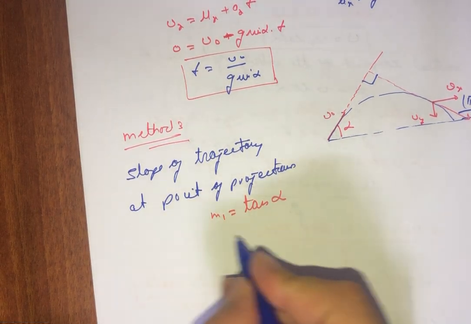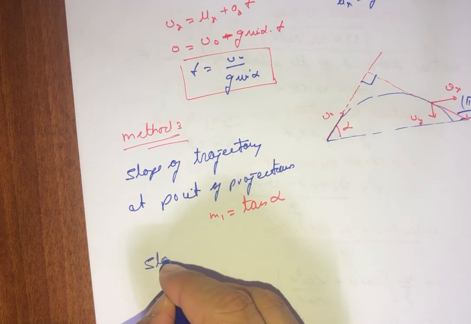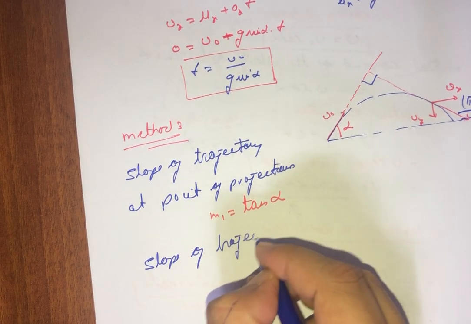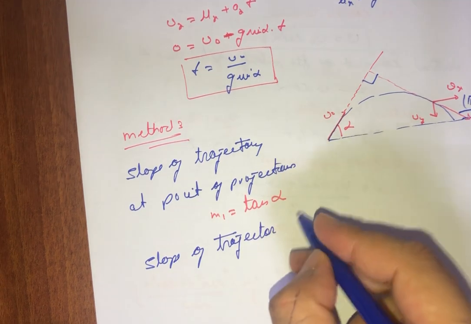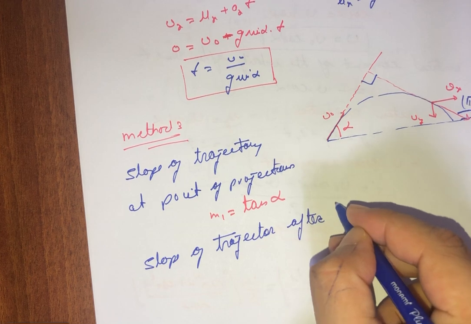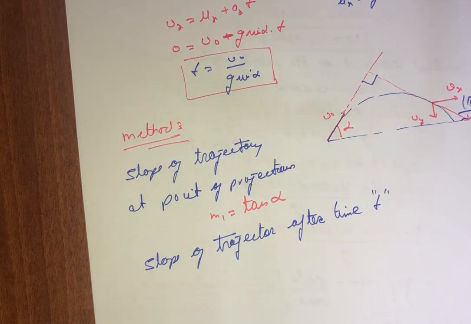Next is the slope of trajectory after time t.